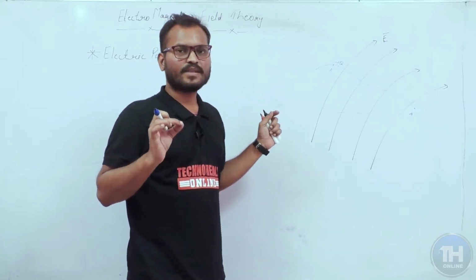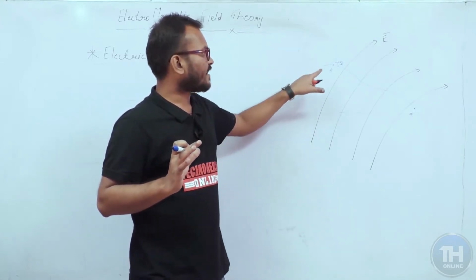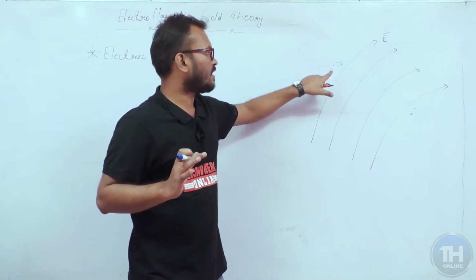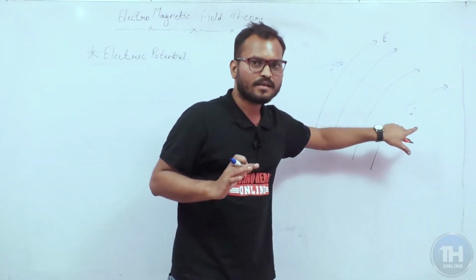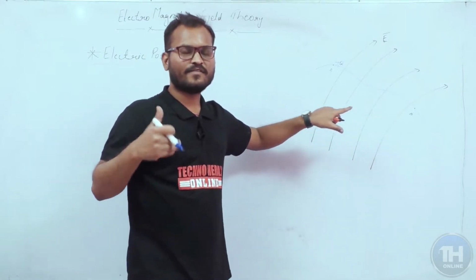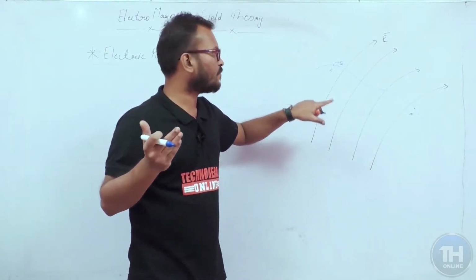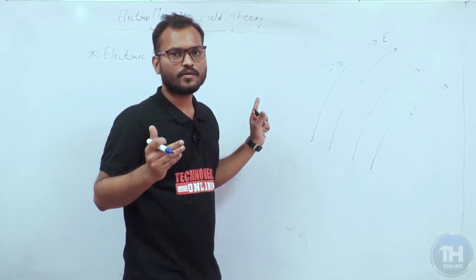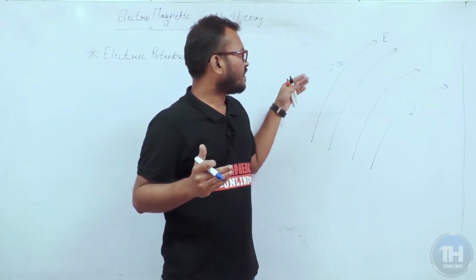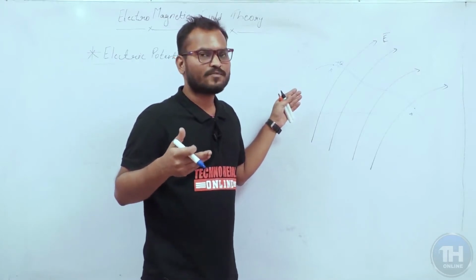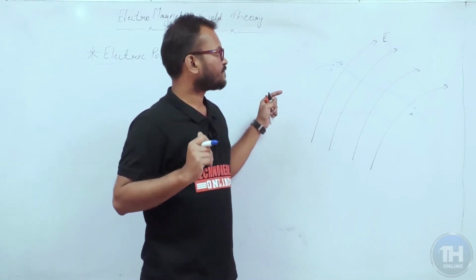If any person tries to move this plus Q charge from point A to point B, he will have to do some work in moving it. Okay? So this is how the concept of potential gets developed.